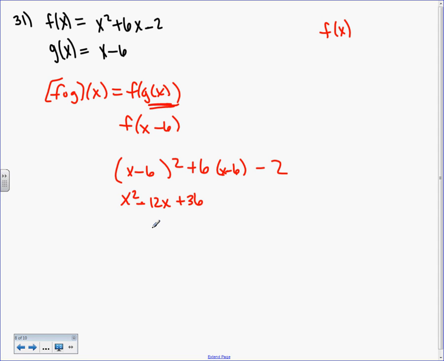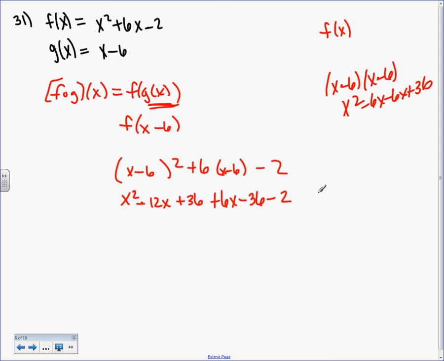And so because of the first day back, I'm going to slow it down for you. So x minus 6 times x minus 6 is what we really did, just with a shortcut. So it's x squared minus 6x minus 6x plus 36, which is why it's times each other times 2. That's why the shortcut exists. You could FOIL if you had to, right? So this is going to be plus 6x minus 36 minus 2.